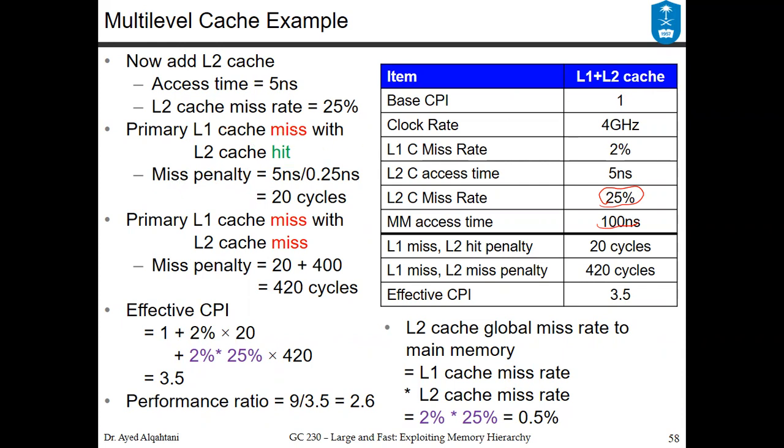But if level 1 cache misses and you find the information in the newly added level 2 cache, it was a hit, then the miss penalty is the access time of the level 2 cache only, which is the 5 nanoseconds divided by the 0.25 nanosecond. This is the time for a single cycle. So we have 20 cycles as a miss penalty for accessing the level 2 cache. And this is what we recorded here.